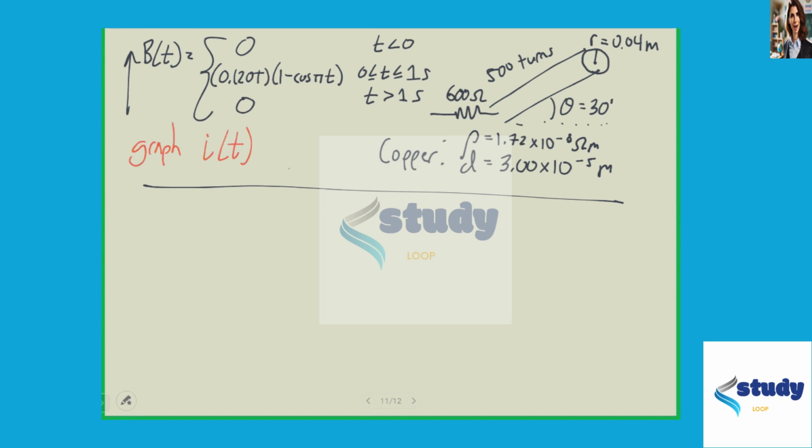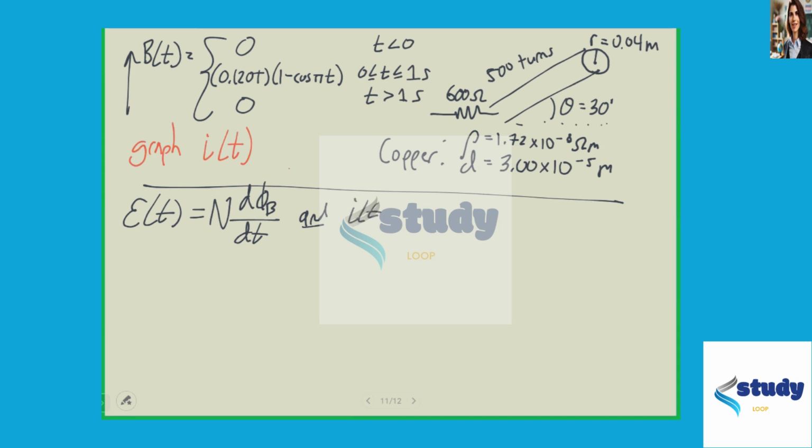So we have that the EMF as a function of time is the number of turns times the rate of change of magnetic flux. What about the current? Well, the current is going to come from Ohm's law, right?